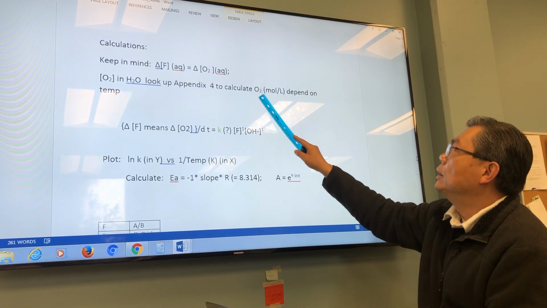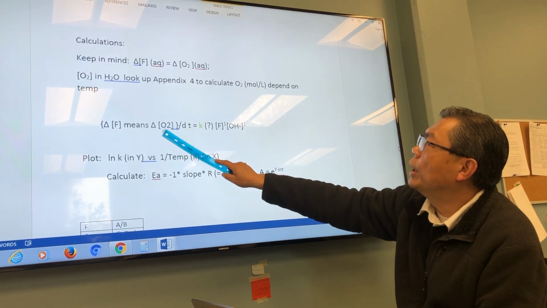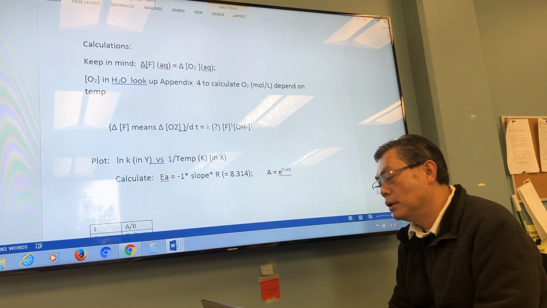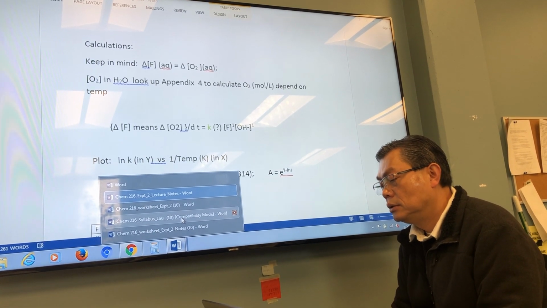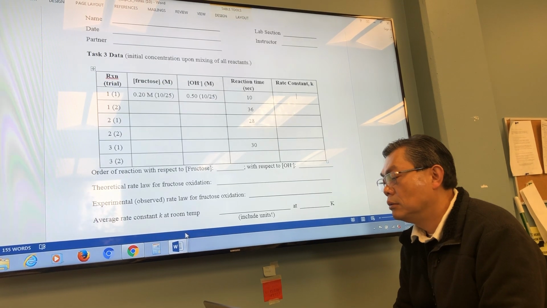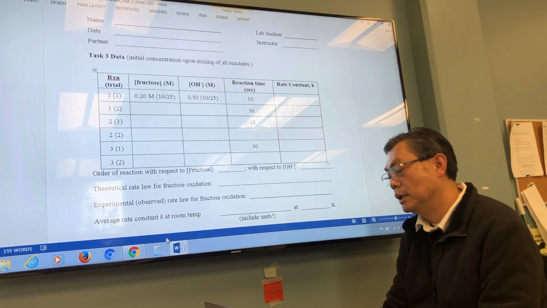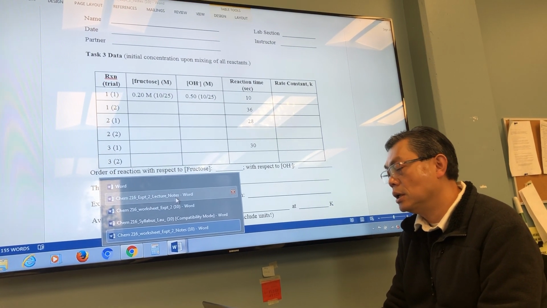Then you get the moles per liter, so that's the oxygen change. And divide by the time. For example, your time is 10 seconds. Then you want to calculate the K.